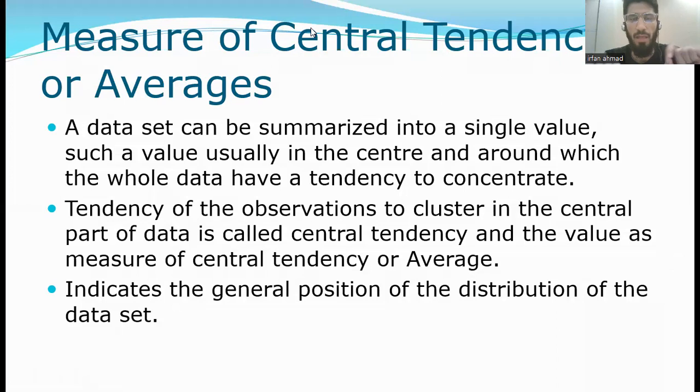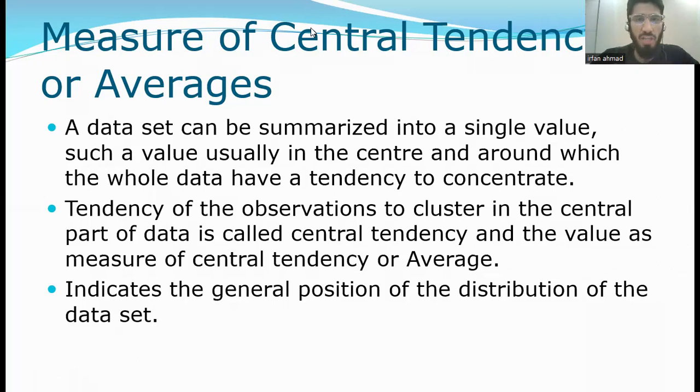For example, if you take a measurement from a sample, the one exact point in your data set is the central point, where the same number of observations are present on the one side and on the other side. So this is called central tendency, the point around which all the data act.